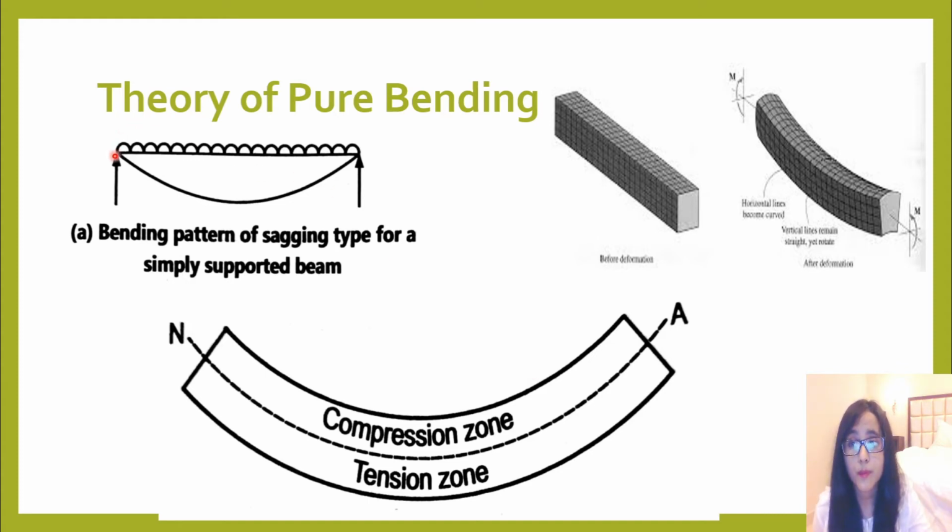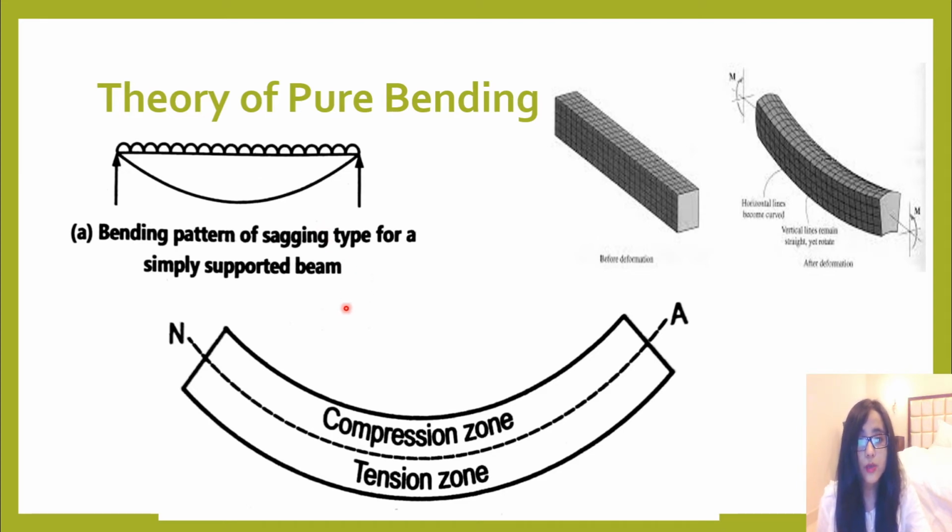The bending you see here, we call sagging. This whole bending you see here is a sagging pattern, and sagging is a positive bending moment. Okay, let us consider the bending pattern of a simply supported beam under the action of vertical loading, right? This is the action of a bending moment in a simply supported beam when it is subjected to any kind of loading.